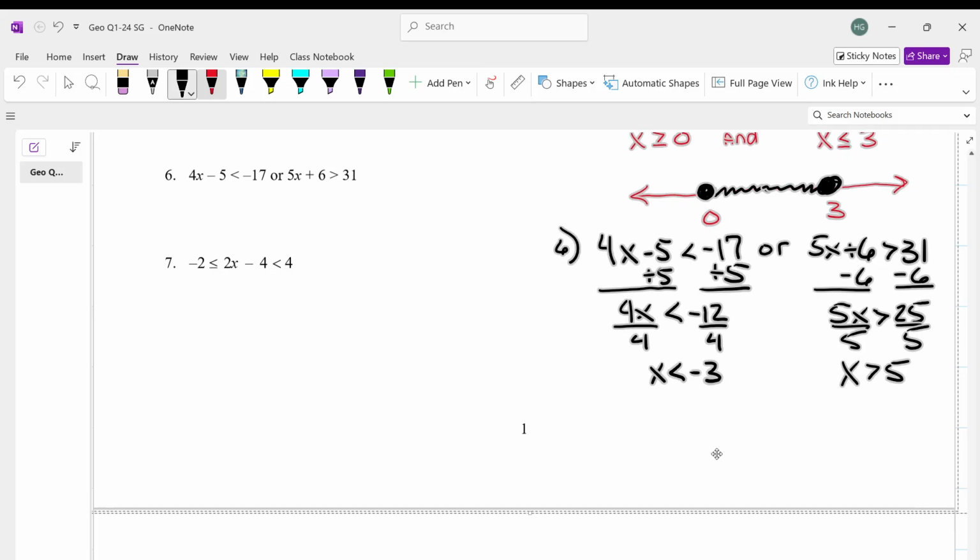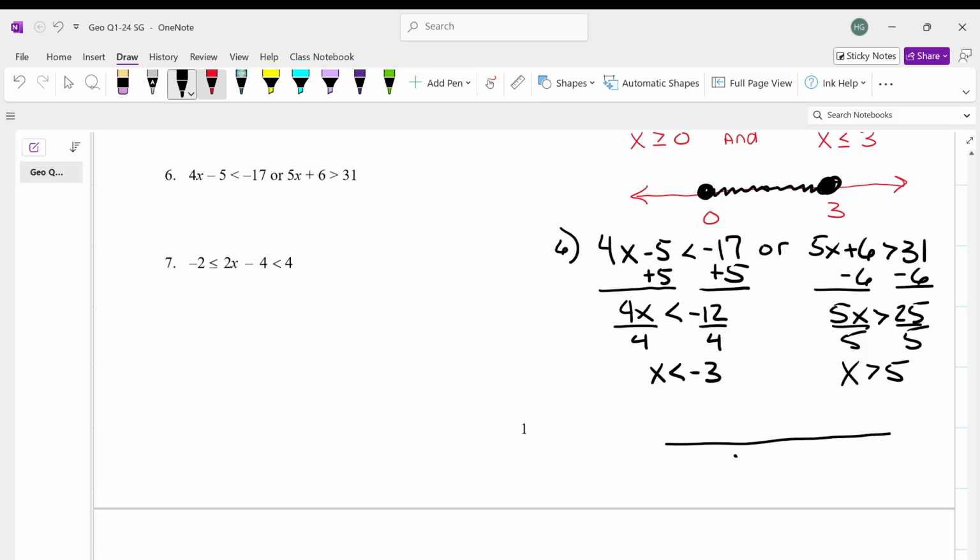So when you graph those, we're on the negative 3 and 5. We are less than negative 3, so we're open and we're going to the left. We're greater than positive 5, so we're open again and going to the right.